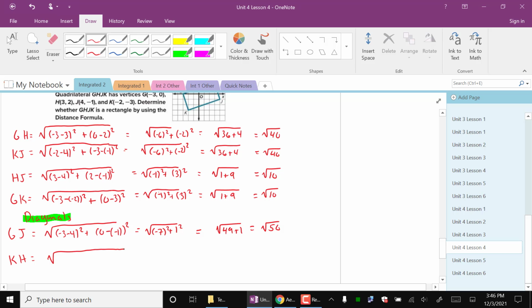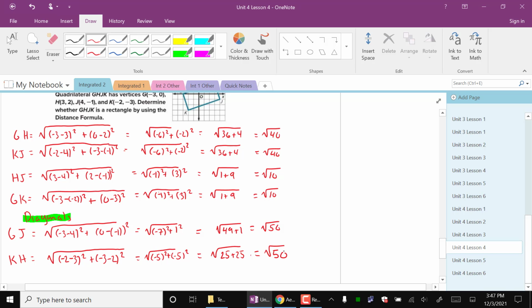So our other diagonal is KH. This is going to be -2 minus 3 squared plus -3 minus 2 squared, which is equal to -5 squared plus -5 squared, which is equal to 25 plus 25, which is equal to the square root of 50.